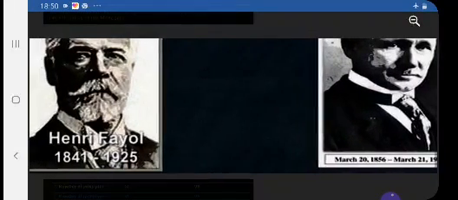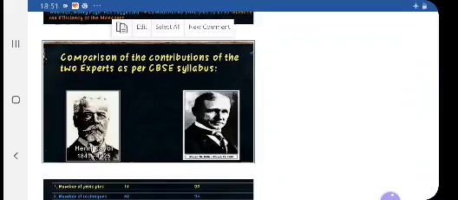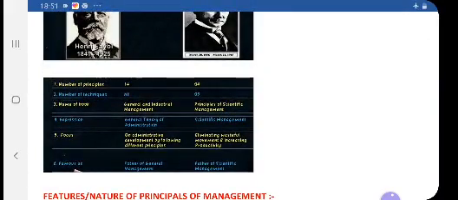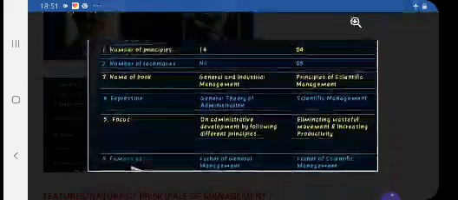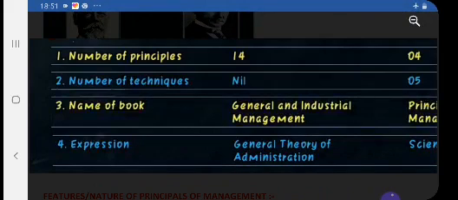Their contributions, principles and techniques we will discuss in detail in our Chapter 2. Now, let us compare the principles given by both the scholars.